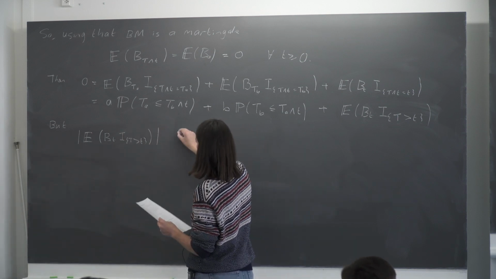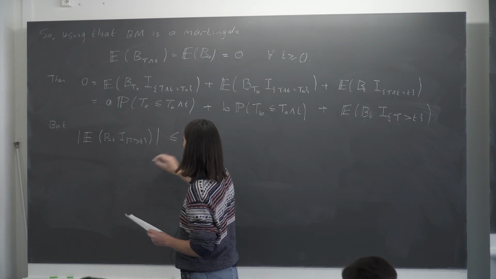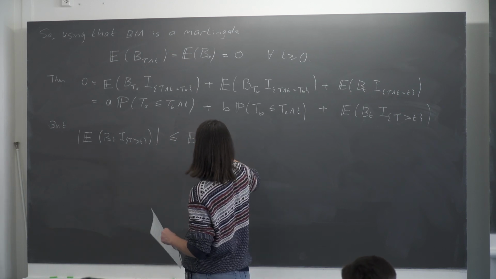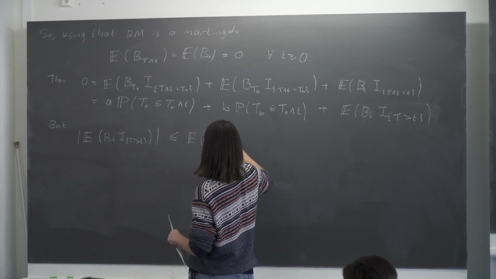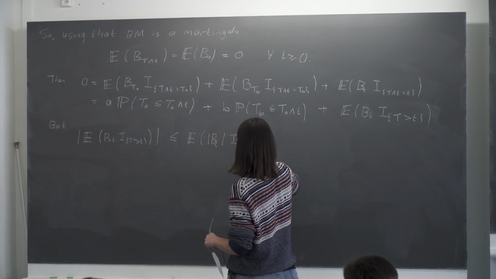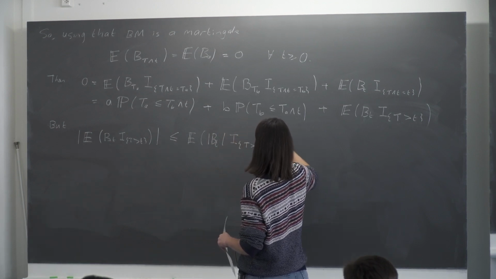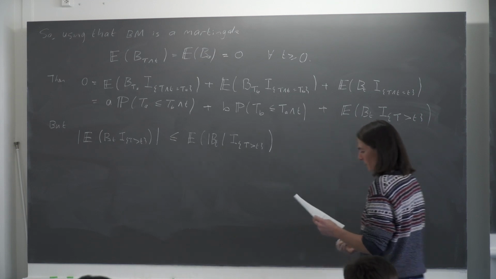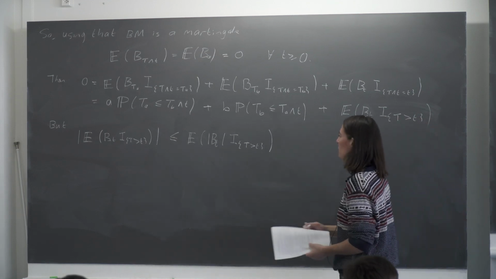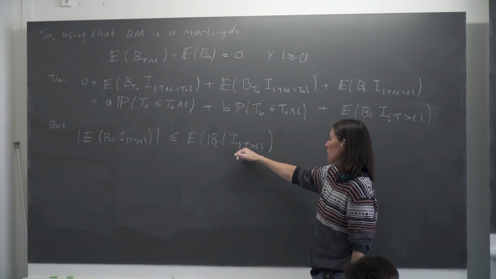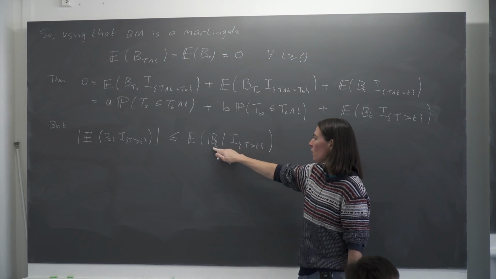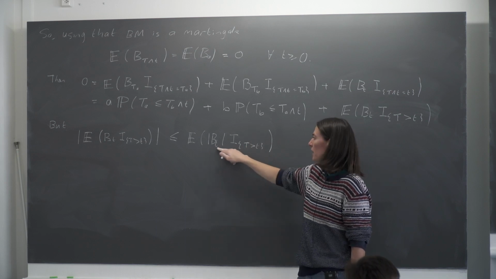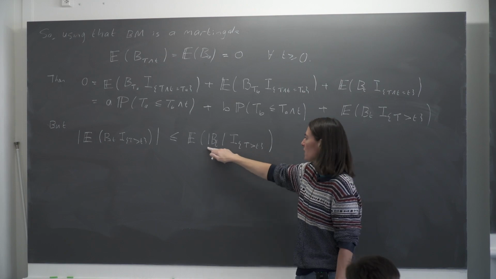Well, this is less than or equal to, we can just take the modulus inside, the expected value of |B_t| times the indicator function that T is bigger than t. But now something useful happens. If we know that the stopping time hasn't happened yet, we know that this is still inside the interval (-A, B). And so this can't be too big.